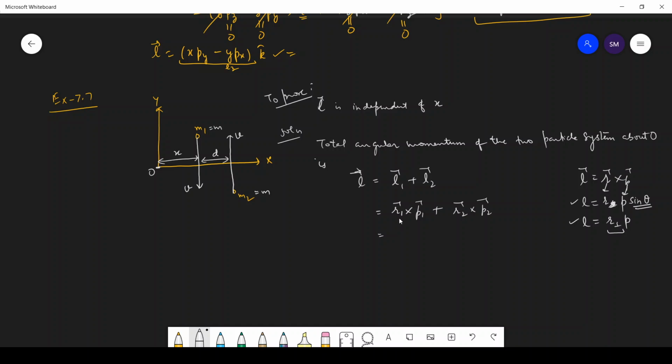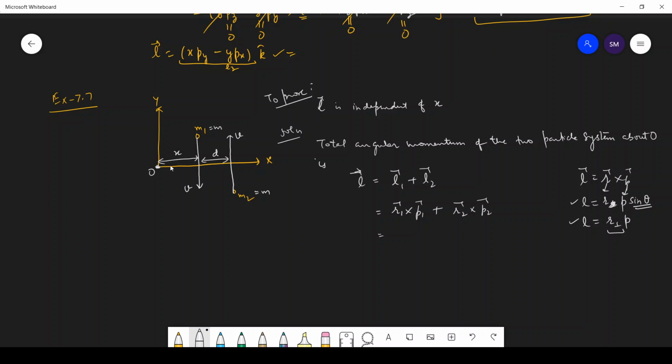Now what is the magnitude of R1? R1 is the perpendicular distance from O. This is the axis of rotation you are passing through O, so about O you are taking the angular momentum.